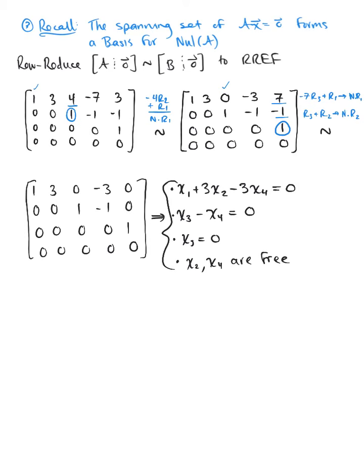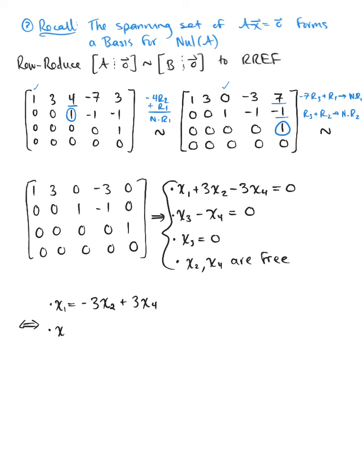To attain the spanning set, we need to find the general solution to the homogeneous equation, writing this in the parametric vector form. We can take this linear equation and write it in equivalent form one step further and say that x sub 1 is equal to negative 3 times x sub 2 plus 3 times x sub 4.